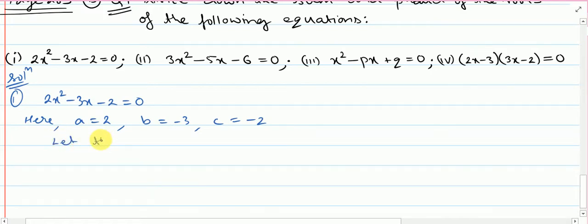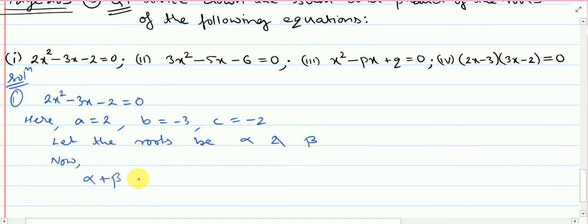Let the roots be alpha and beta. Now, instead of writing sum of the roots, I can write alpha plus beta.